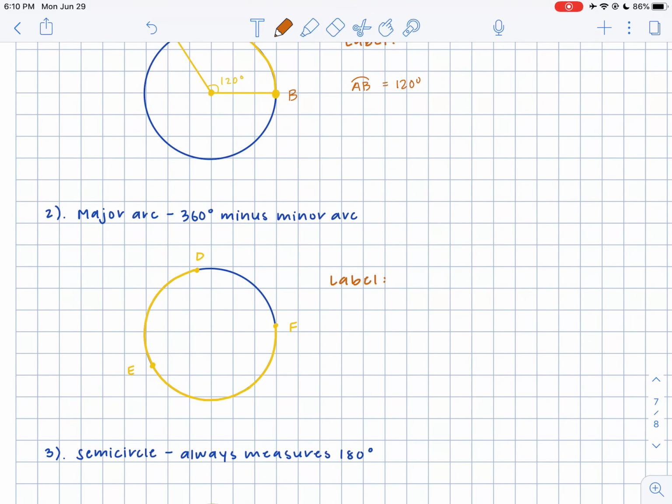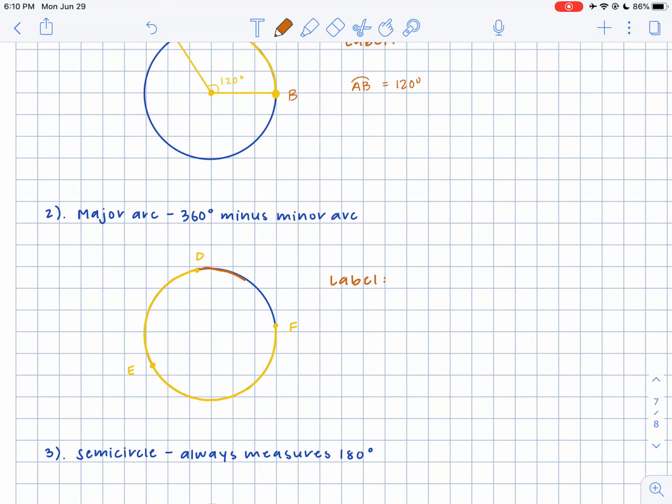Now, how do we measure a major arc? Remember, we said the major arc was created by the minor arc. So to measure the major arc, it's actually 360 minus the minor arc. Why? Because remember, there are 360 degrees in a full circle, and we said the major arc was created by the minor arc, so it does make sense that it should be whatever is left over.